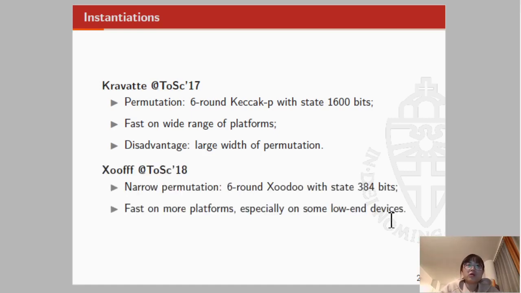In order to solve this problem, another instantiation, Xoofff, was proposed one year later. It uses a new permutation, Xoodoo, with a state of just 384 bits. It is faster on some platforms.